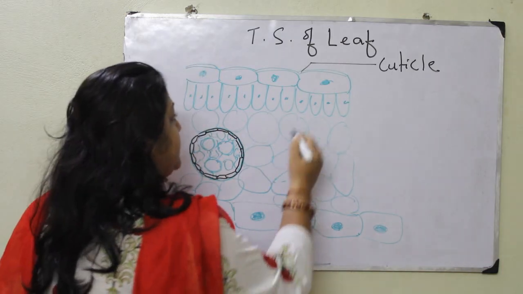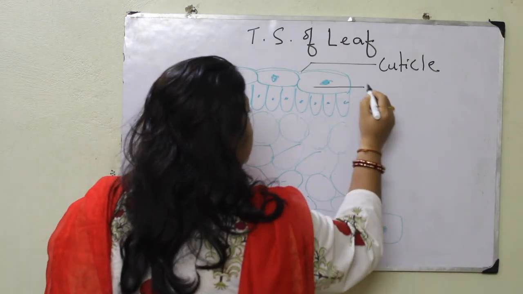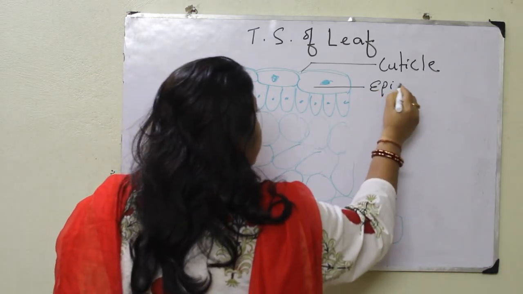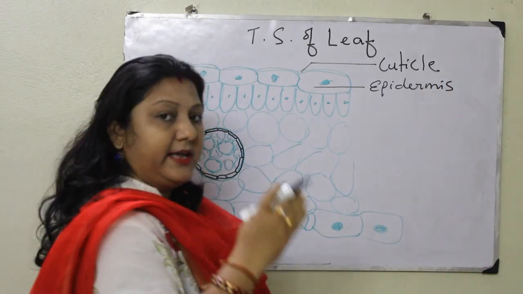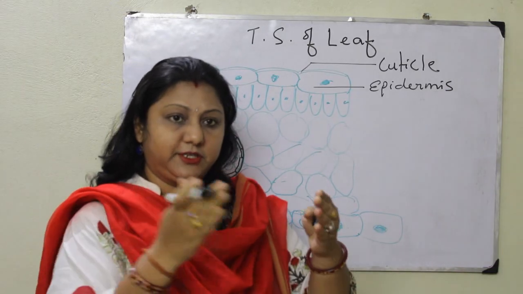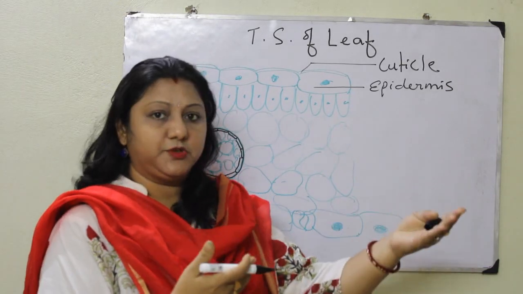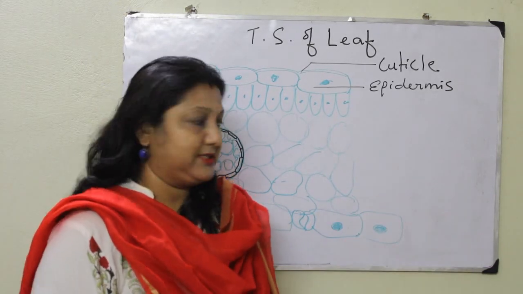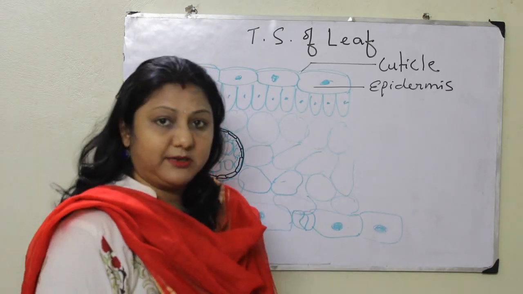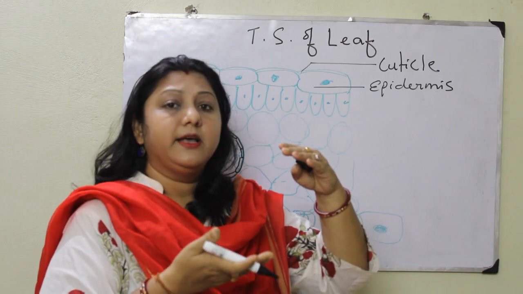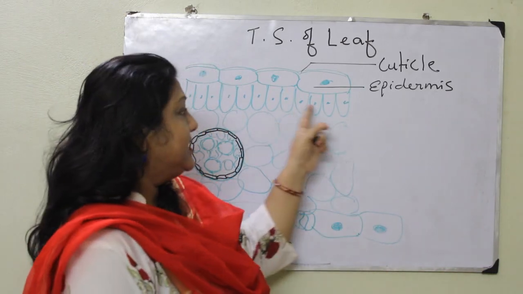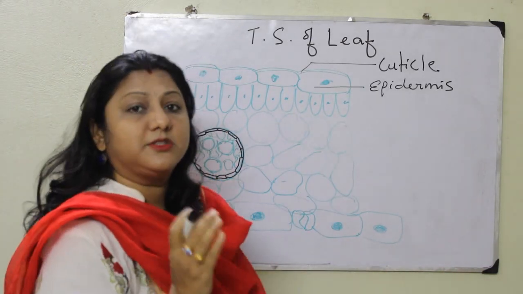Now next to the cuticle, these cells are called the epidermis, the outermost layer in the leaf tissues. The outermost tissue layer is called epidermis. Now next to the epidermis, the next layer, the slightly elongated pyramidal shaped cells, are called the mesophyll cells.